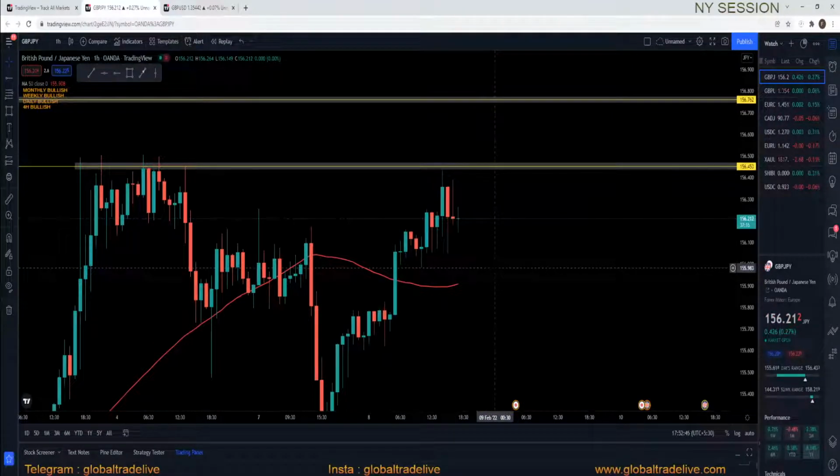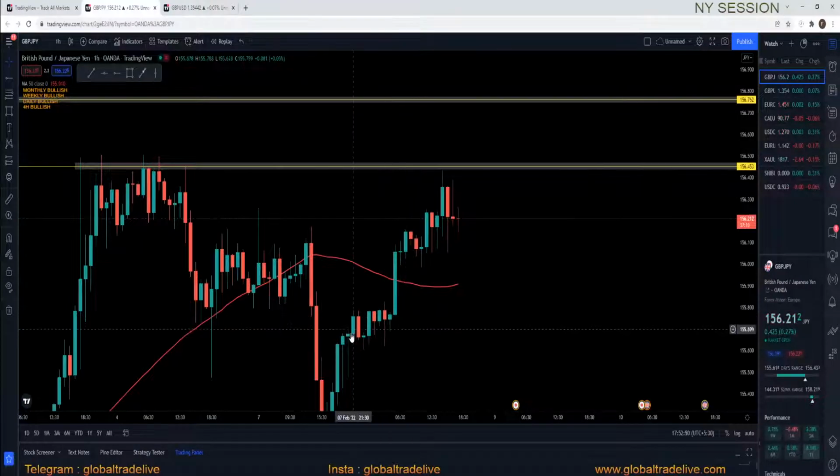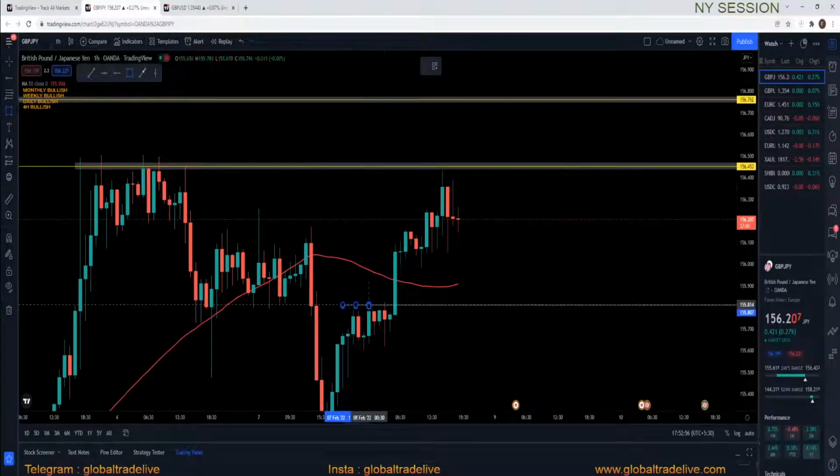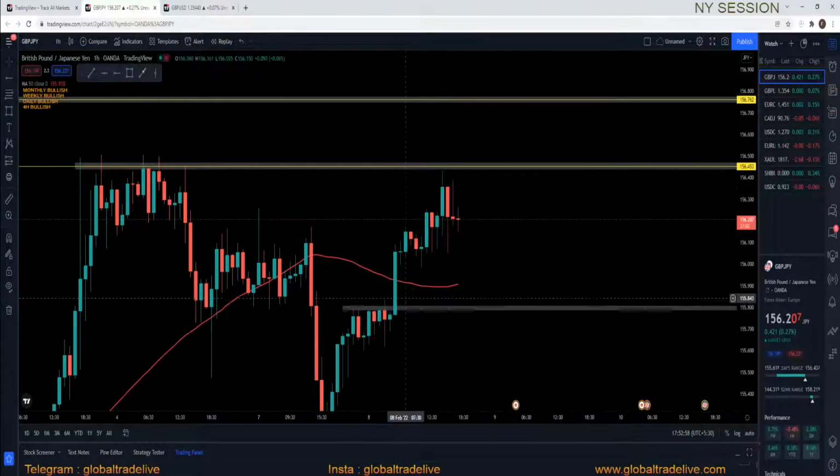So now let's again create a story about the candles. There was a consolidation happening over here, right? Market went up from this area, right? So the market broke above this area. It created a support over here. It went up again.